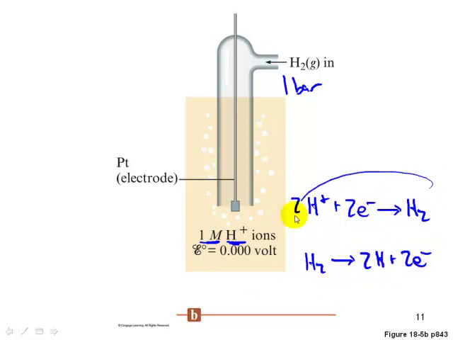These reactions are defined to have a standard potential, when the pressure is 1 bar and the concentration is 1 molar, of 0.00 volts. Volts is the unit that we measure potential in. So every half reaction that you guys are going to look at is measured relative to this, by comparing it to this reaction. That'll make more sense as time goes on.